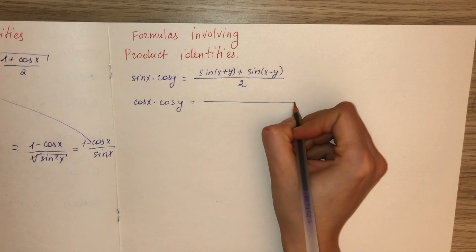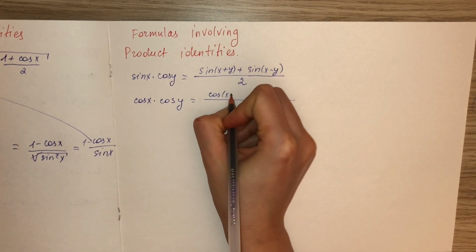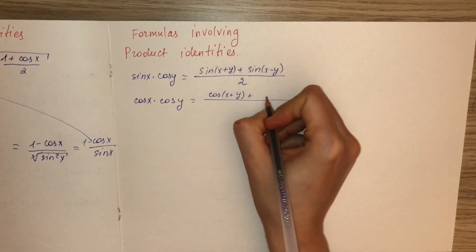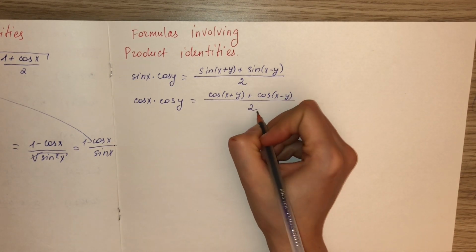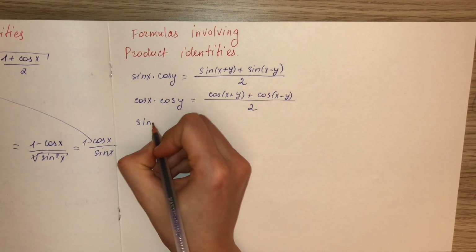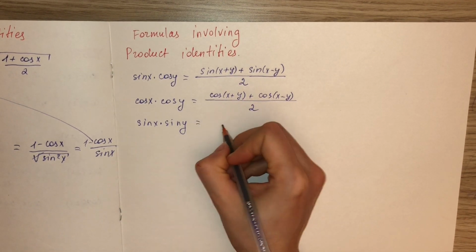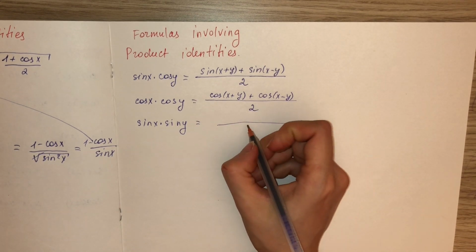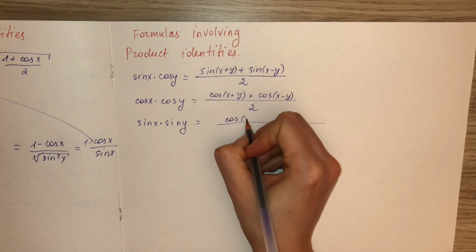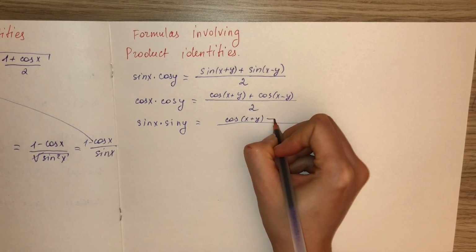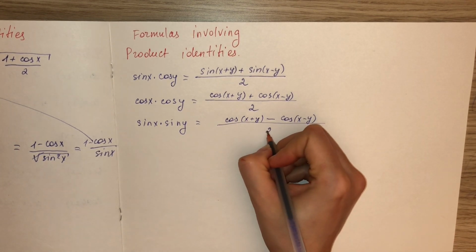This is equal to, in the numerator, cosine x plus y plus cosine x minus y over 2. What about sine x times sine y? We get that in the numerator we write cosine x plus y minus cosine x minus y over 2.